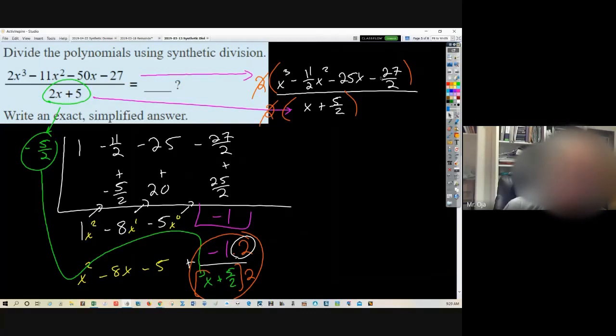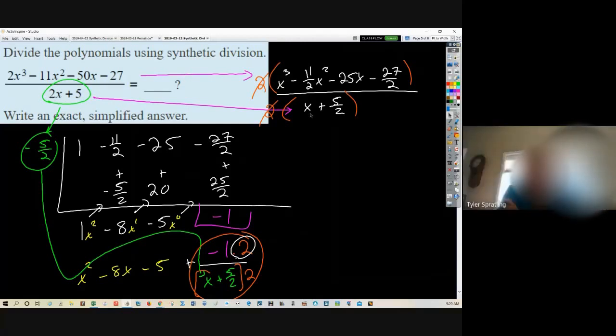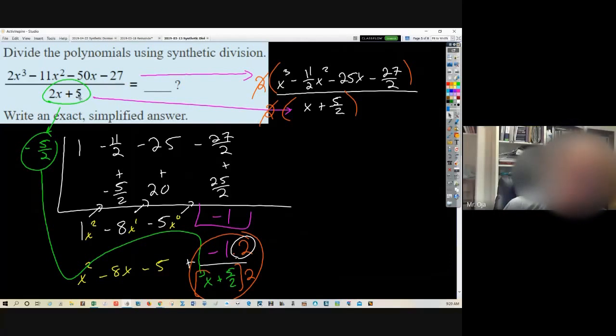When I factor out a greatest common factor, in this case we're forcing a factor that isn't really there. In the bottom, if I were to undistribute a 2, what would I have left? The first term would be whatever I get when I divide it by 2. Well, 2x divided by 2 is just x. 5 divided by 2 is 5 halves. And then I would have this 2 out in front.